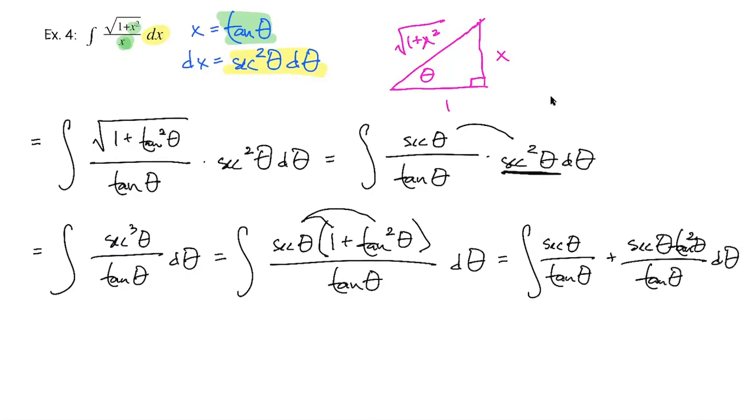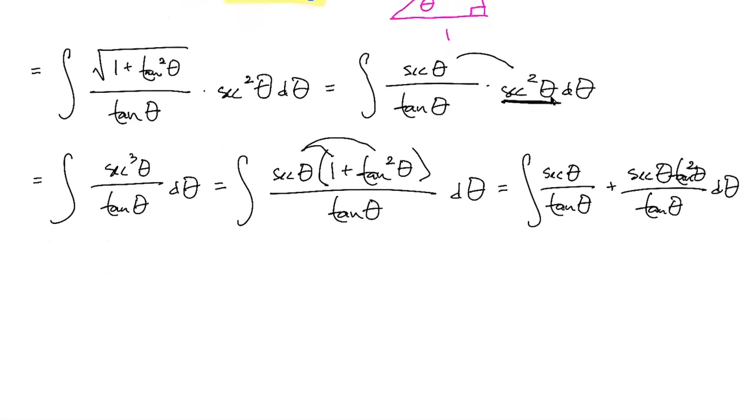Okay, so I distributed and I split the fraction. So let's see what we can simplify here. This tangent is going to reduce with one of those tangents. So that second term becomes secant tangent.